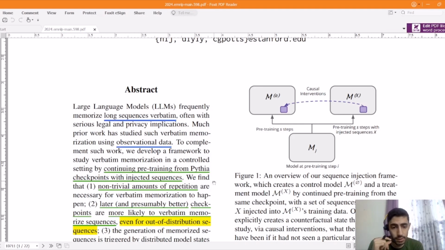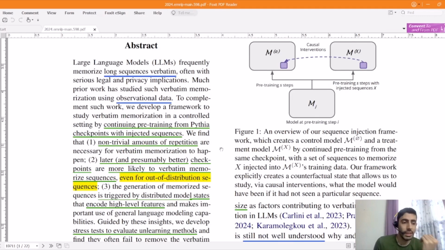Later and presumably better checkpoints are more likely to verbatim memorize sequences. It means that when you feed more data to your model, it would be more prone to memorize the sentence word by word, even for out-of-distribution sentences, the sentences which are not near to the distribution of the sentences that we have.